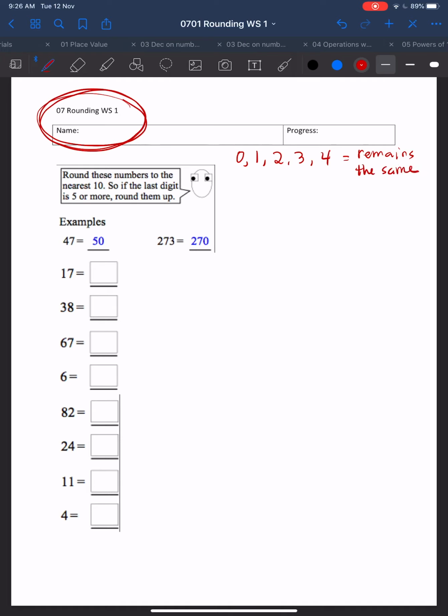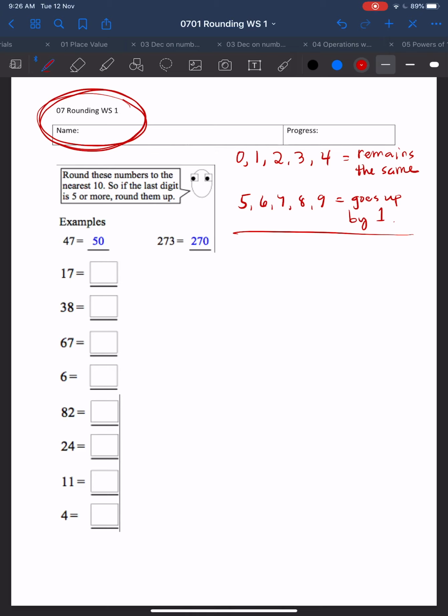If the next digit has a value of 5, 6, 7, 8, or 9, then the digit before it goes up by 1. So keep those rules in mind and let's look at this.